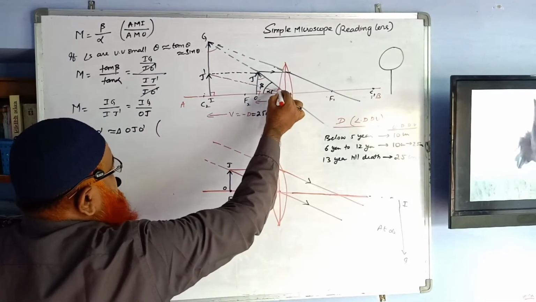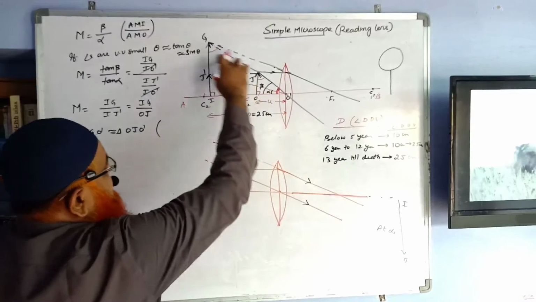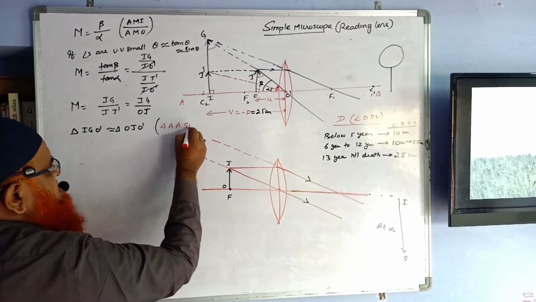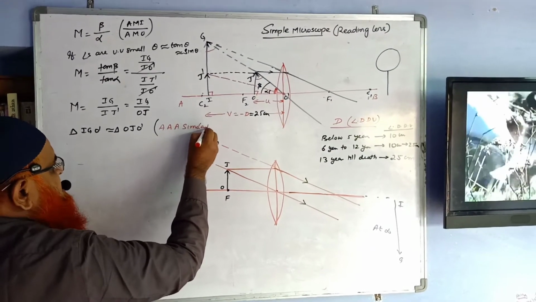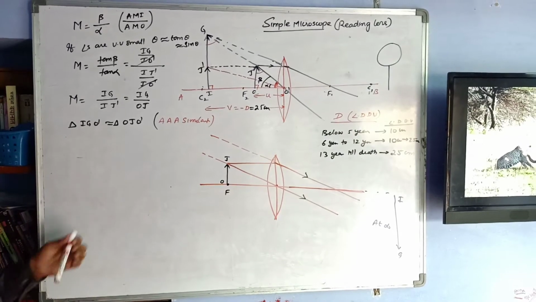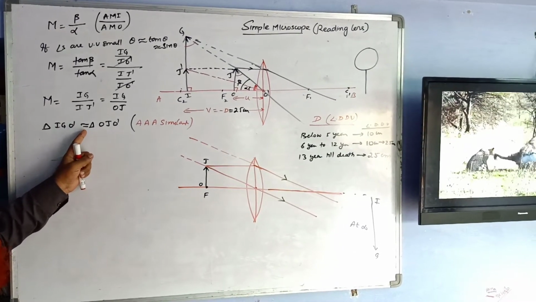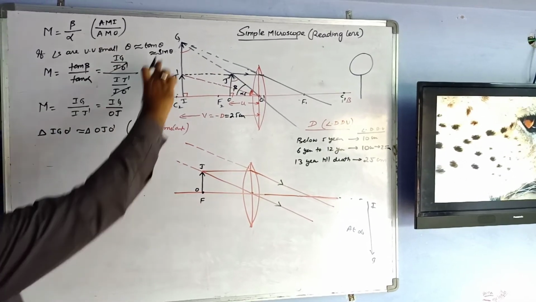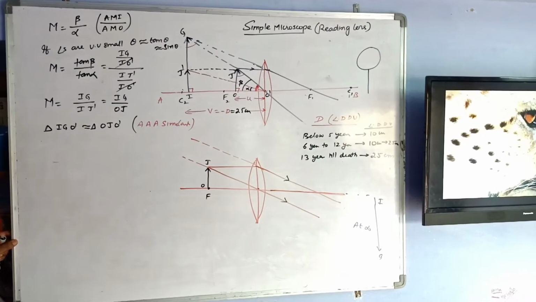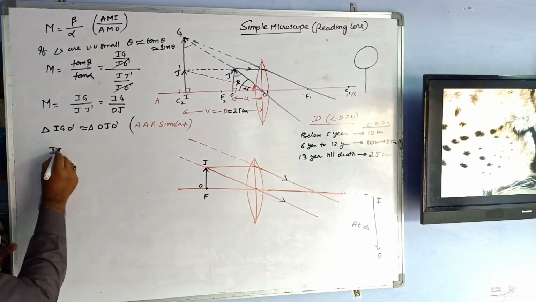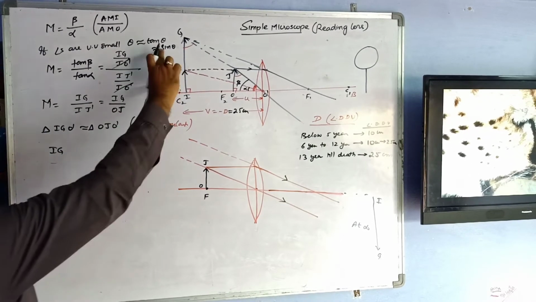And this is the common angle for both. So it is AAA similarity, and these two triangles are similar. When two triangles are similar, the ratio of their sides will be the same. We can write Ig by Oj.